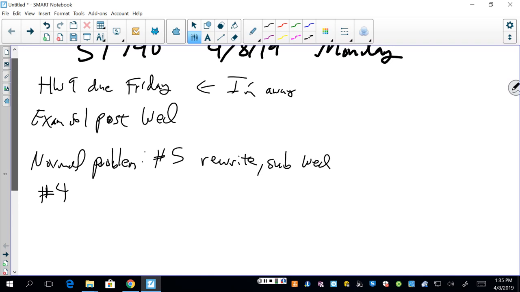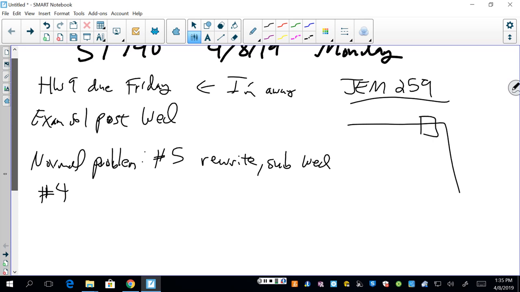My office is Jean Marie 259, back over in that corner in that direction on the second floor, kind of at a bend. Here's my door, and there's a manila envelope that says Stat 140 on it. Put it in there.